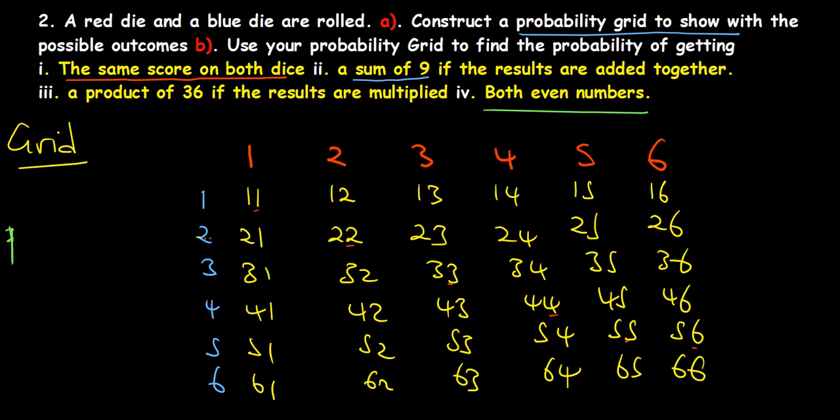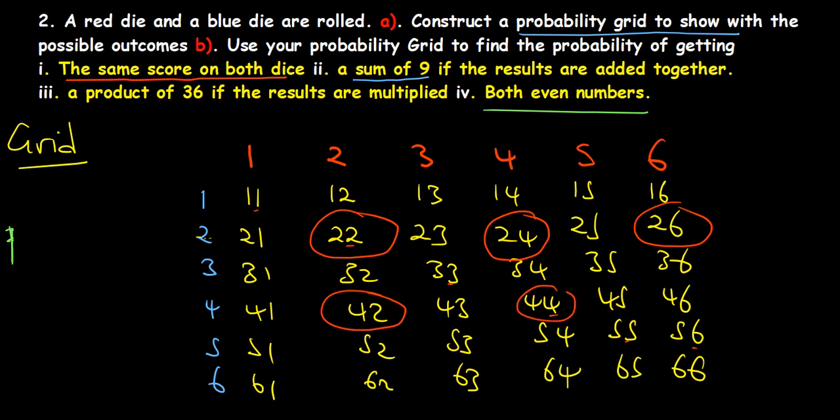So let's circle those that have even numbers on both. So we have 2 and 2, those are even numbers. We have 2 and 6. We have 4 and 2. We have 2 and 4. Okay, we also have 4 and 4. We have 4 and 6. We have 6 and 2, 6 and 6, and then 6 and 4.